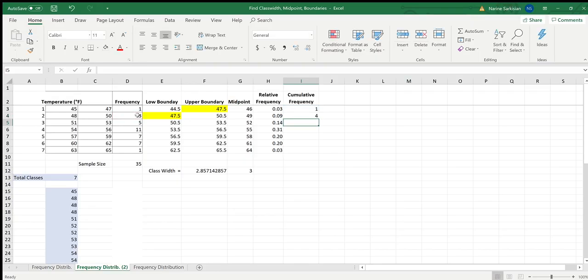Okay, and so on. Once I drag down, the last one, guess how much it would be? 35. See that? 35, it's the sample size. Let me change this color. Which is equal to my sample size, the last one.